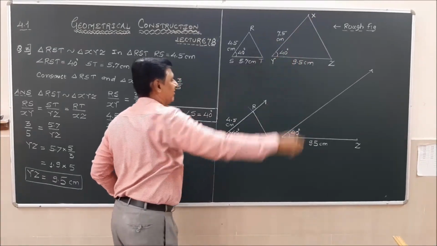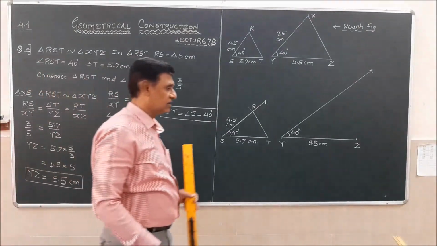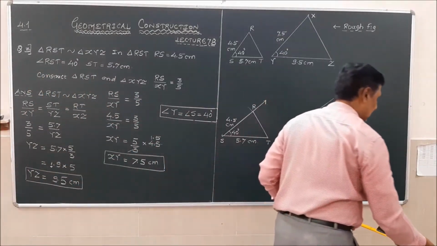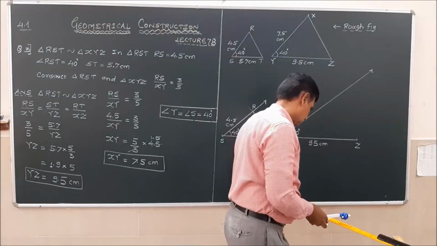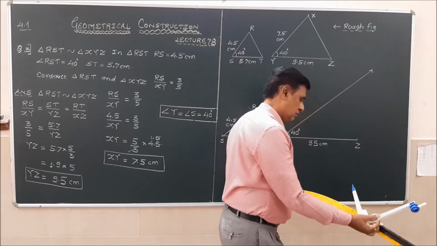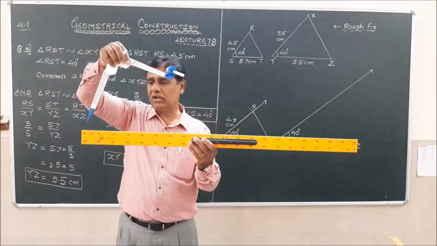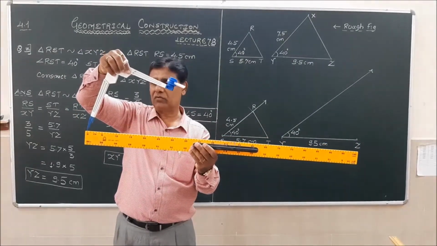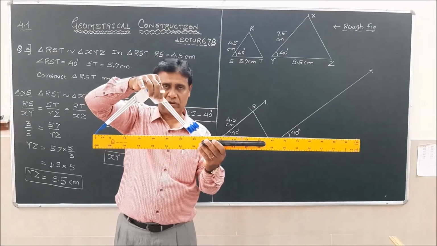XY is 7.5. Take a distance of 7.5, always remember from 0 till 7.5. This way you have to take a distance.